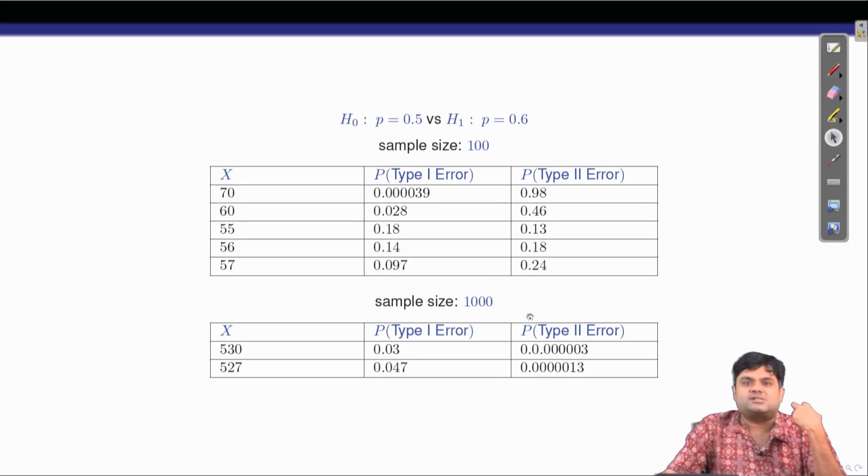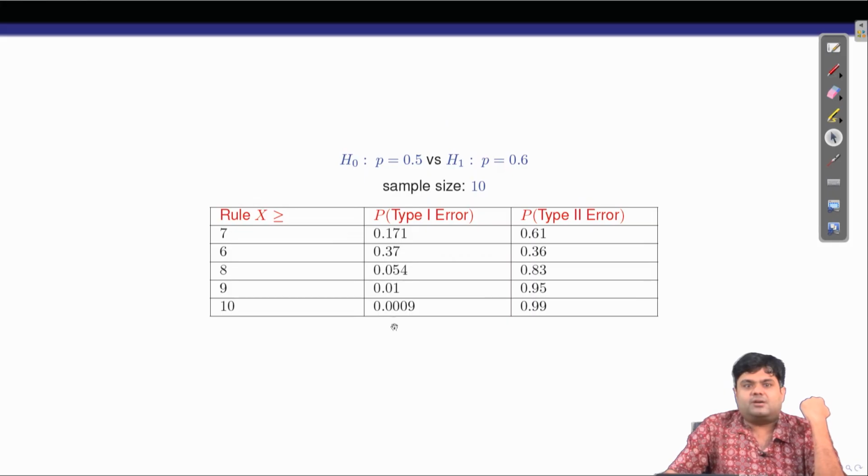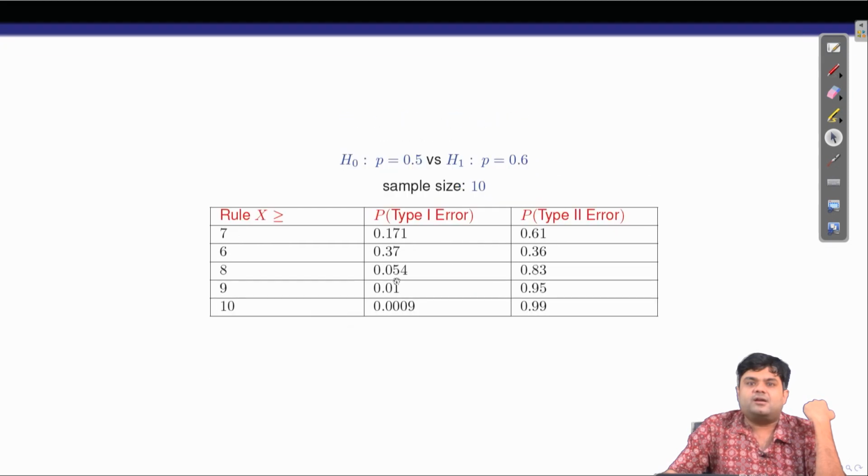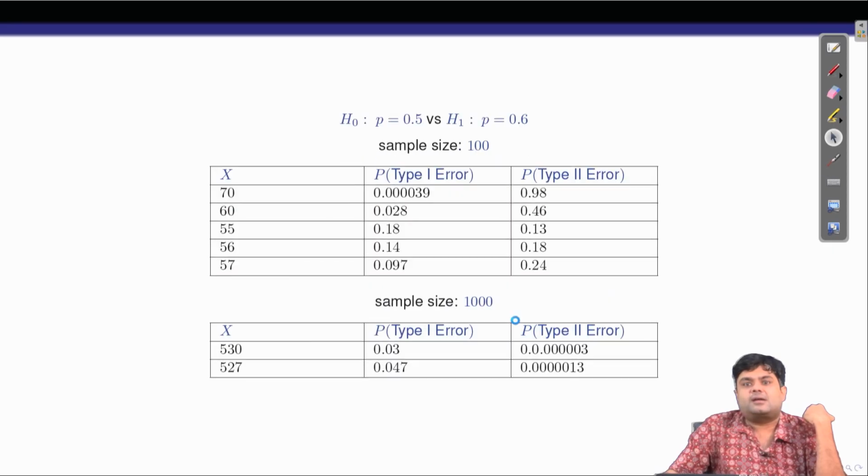I will get into this in more detail. For sample size 100, you are achieving very little type 1 error at 70, whereas here, to get that amount of type 1 error, you have to already get all heads, and still type 2 error is fairly high.